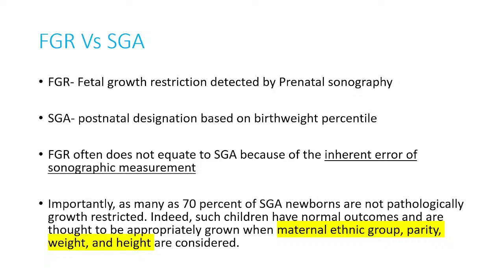In that case, if you use the growth chart of Caucasians, it will be wrong. So, racial variation, parity, weight and height, all these things should be considered before labeling a fetus as SGA or not. So, you must be clear by now what FGR and SGA are.